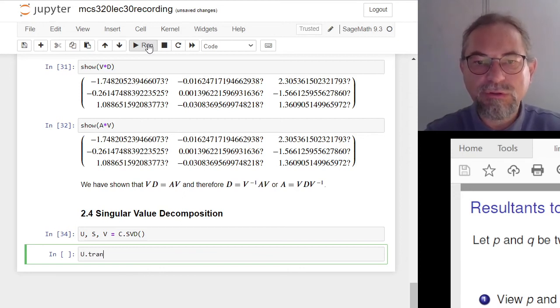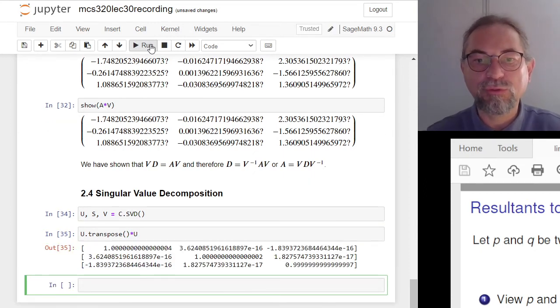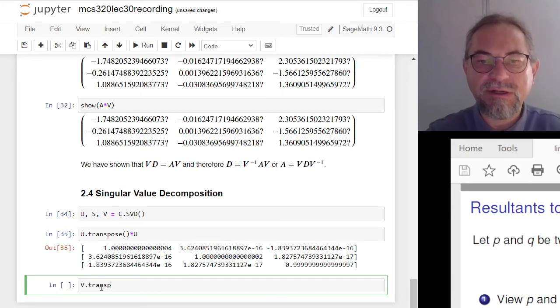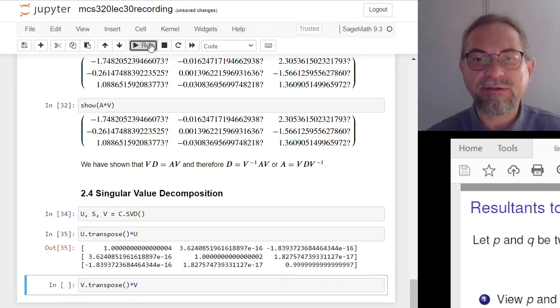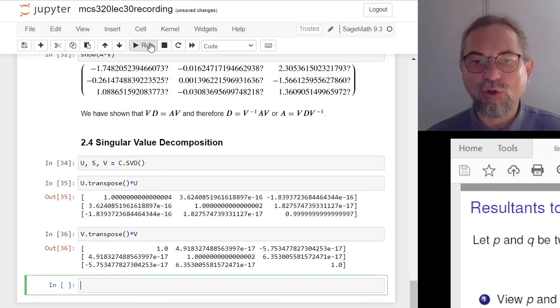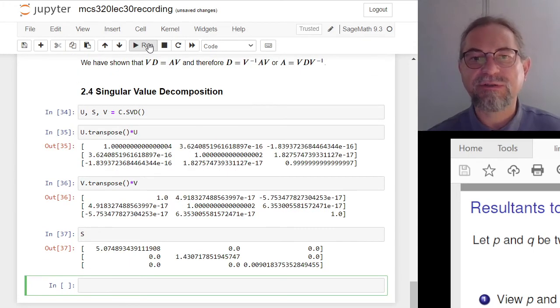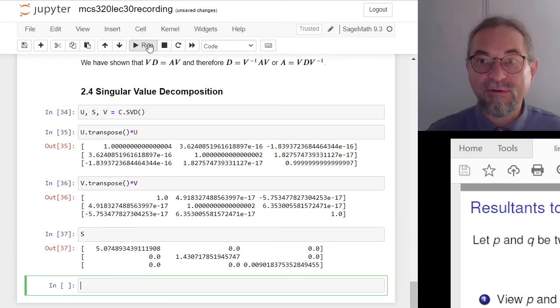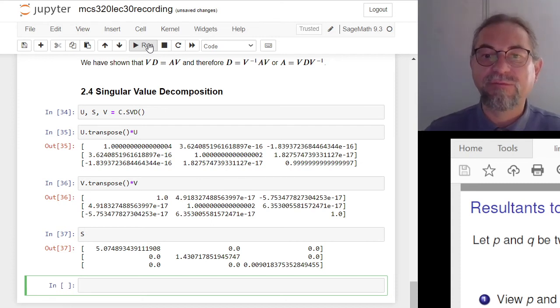U transpose times U is an identity matrix up to the working precision. Also V transpose times V is the identity matrix. So these are both orthogonal matrices. As an exercise, you can do U times U transpose. Multiplying matrices is not commutative, but for the inverses it is.